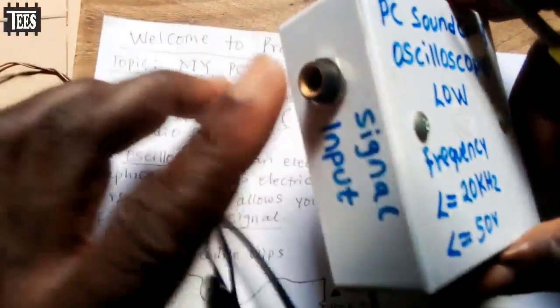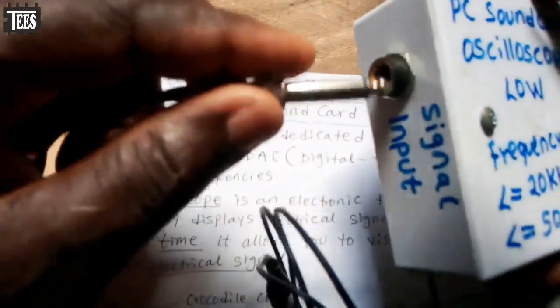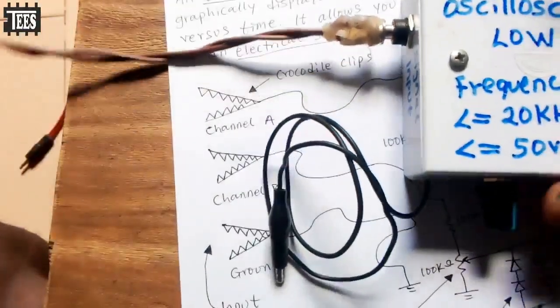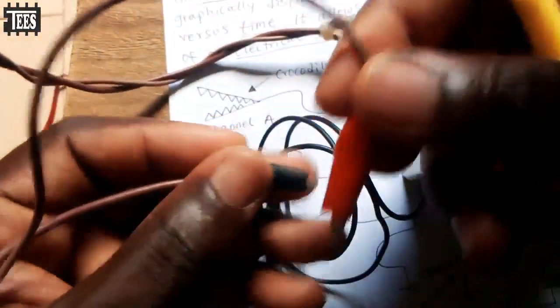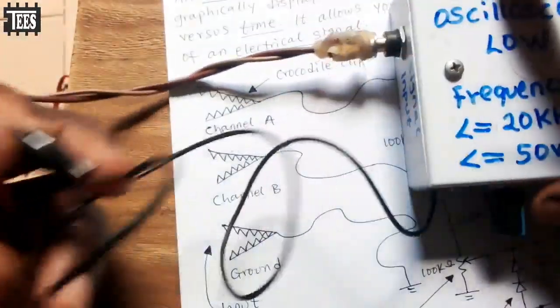So this port here is where I feed my signal in through these connectors. These are the two channels, the inputs, channel A and channel B. Then here is my ground.